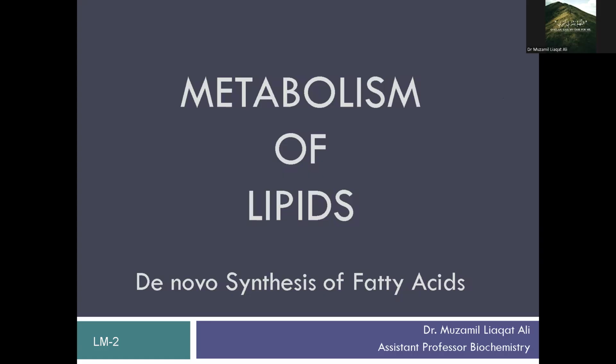Today, we are going to answer a deceptively simple question. How does a liver cell take two-carbon fragments from carbohydrates and turn them into a 16-carbon fatty acid like palmitate? This process is absolutely essential for storing energy, building membranes, and even producing signaling molecules.